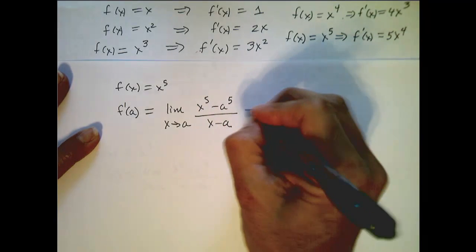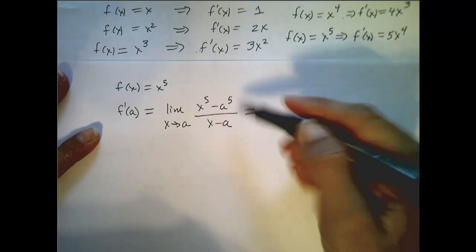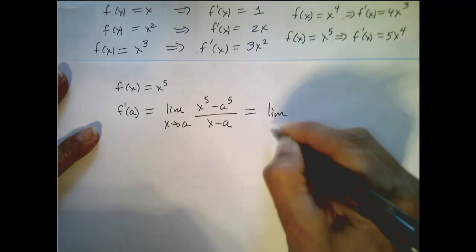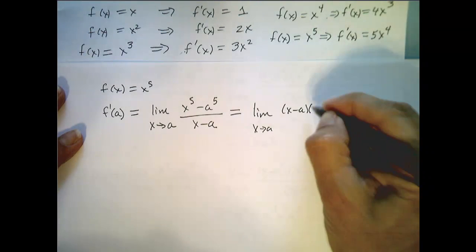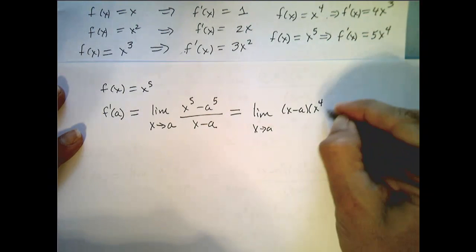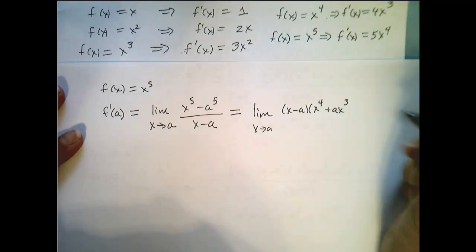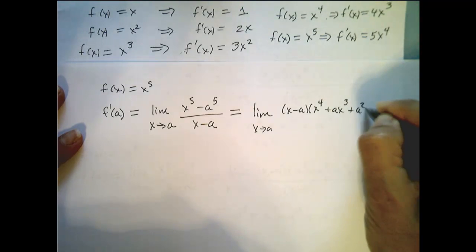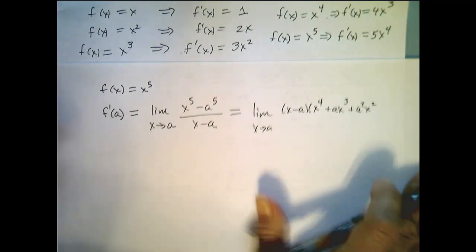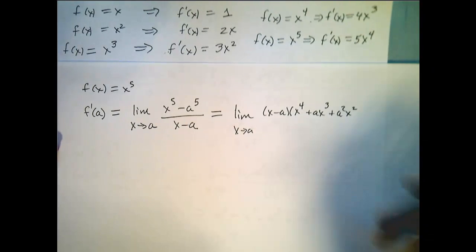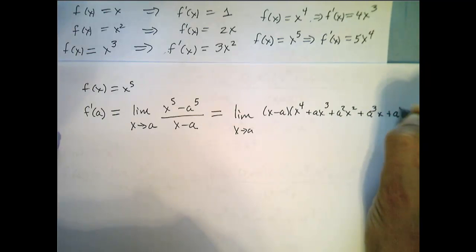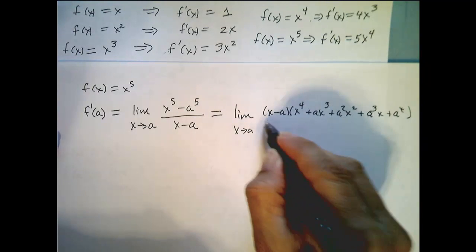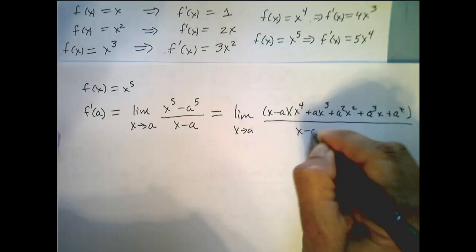And I'm guessing you now know how this factors. Limit x to a, we pull off an x minus a, and we are left with x to the fourth plus ax cubed plus a squared x squared, plus a cubed x plus a to the fourth, all over x minus a.